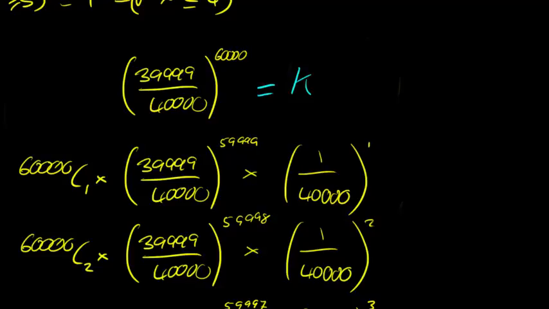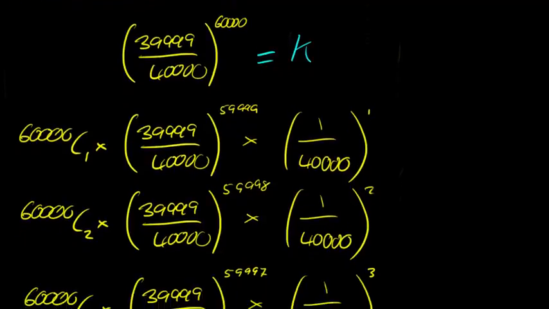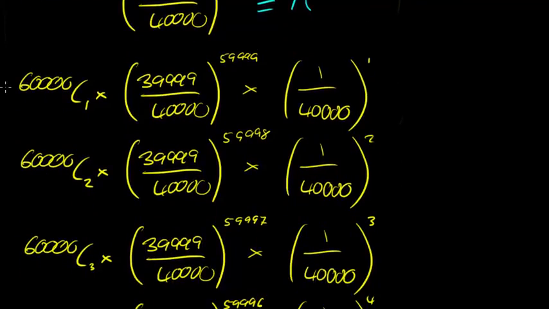It's irrespective of what the number is, it's just a number that's fixed. So my next line, which is 60,000 C1, which again just comes out to be 60,000. And this bit is 1 over 40,000.